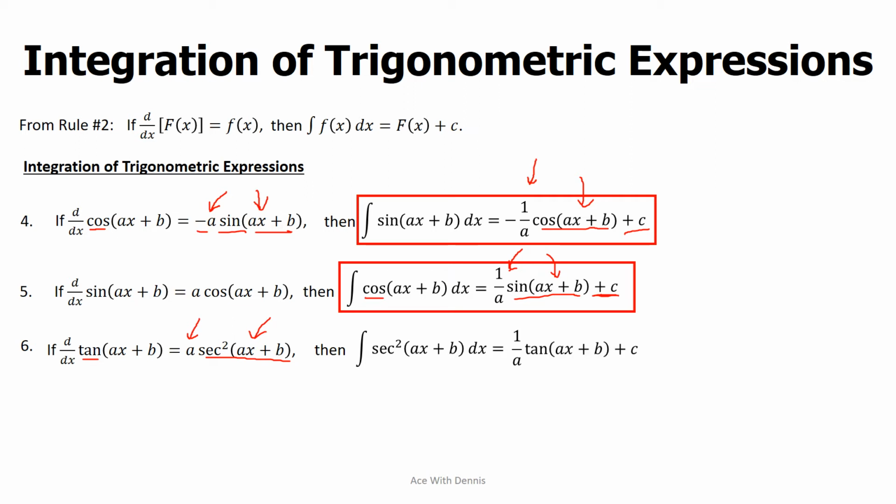Yes, it will be 1 over a tangent ax plus b plus c. Okay, the concept is very similar. Integration of secant square, we get tangent ax plus b. Then I differentiate ax plus b, I get an a. So I will write 1 over a here, and then followed by plus c. So this is the third equation that you need to know for the function of sine, cosine, and tangent of ax plus b.